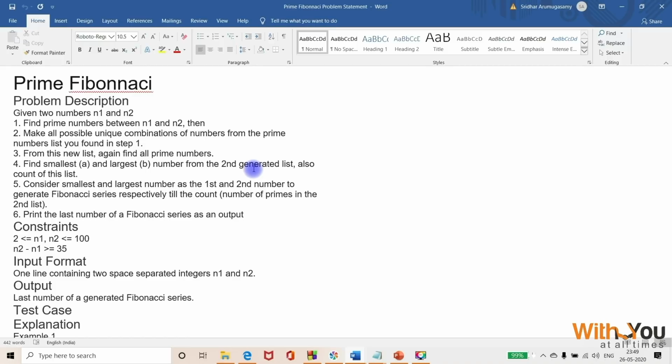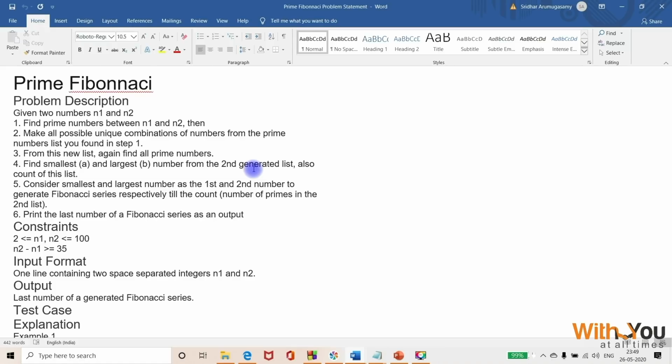Even just writing a code to find out which is larger out of two numbers, it is going to be useful. Everything is planned. Okay, so let's come back here. Prime numbers between n1 and n2, I know how to do it.